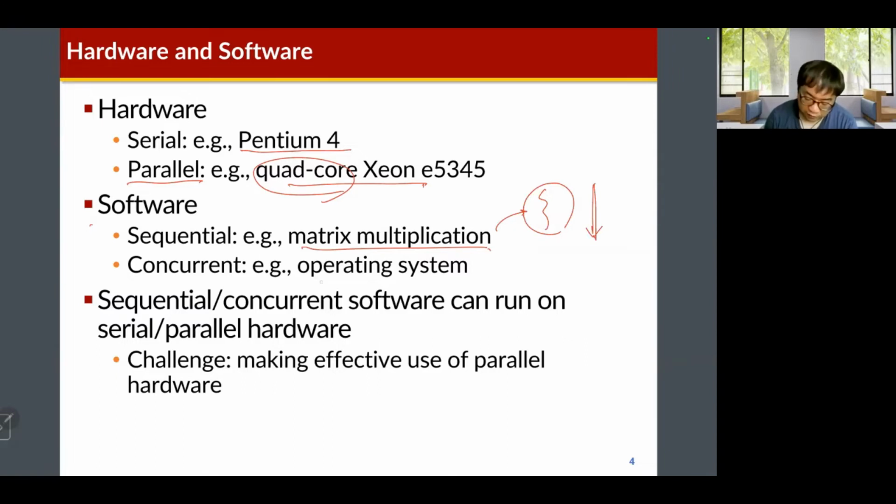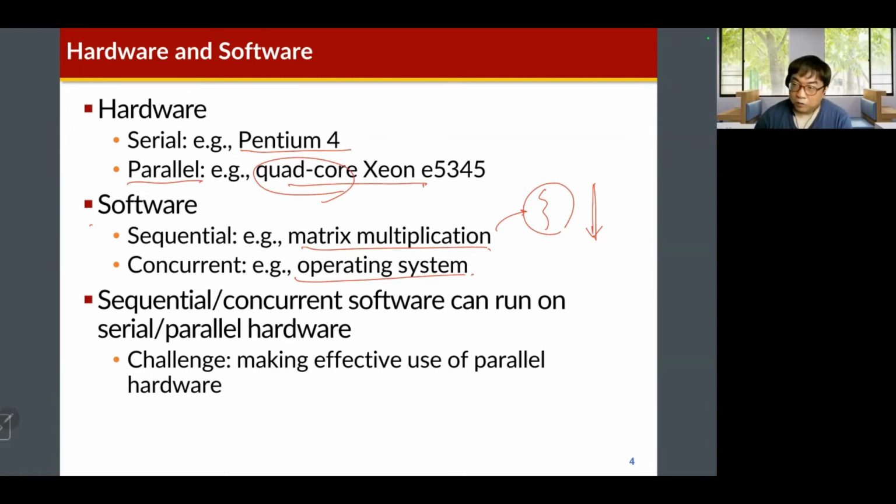Now think about operating systems, like Windows or Linux. When the operating system is launched and executed, it generates multiple threads. When multiple threads are generated, they can be executed on multiple cores concurrently, which means independently executed.